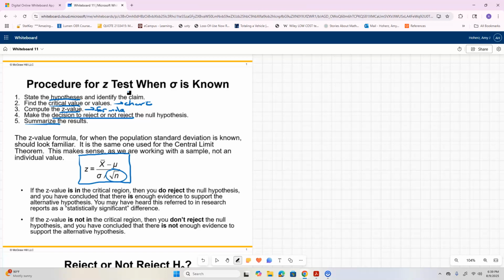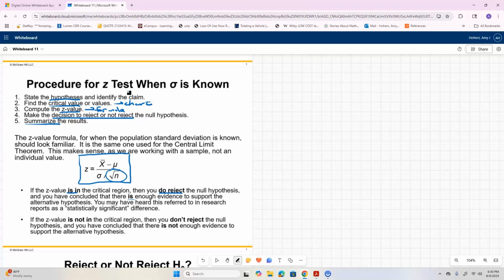To review again from the last section, if we are in the critical region, we do reject, and there is enough evidence to support the claim made by the alternative hypothesis. You may have heard this in some situations referred to as having a statistically significant difference.